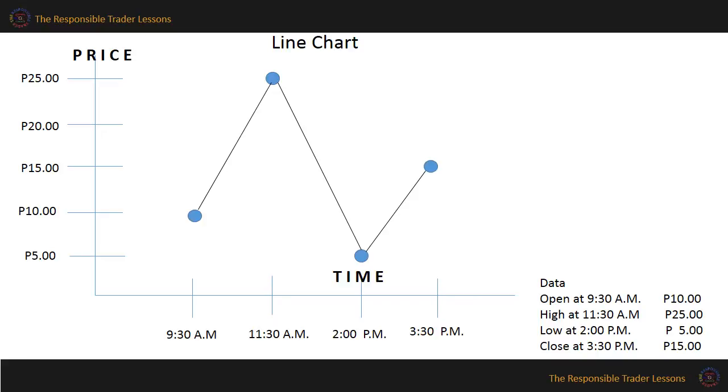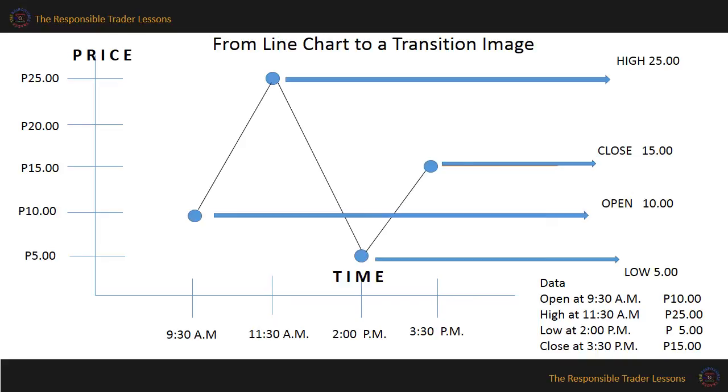If you have the line chart, assuming that you do not know what a price bar or a candlestick looks like, can you draw a single image for the day's transactions? This is what I call a transition image.